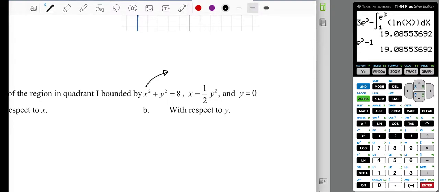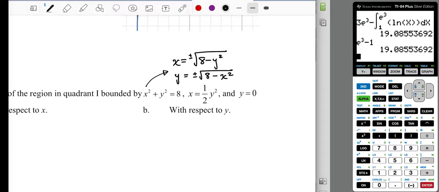One way would be to solve it for x, in which case you'd have x is equal to the square root of 8 minus y squared, with a plus or minus on that. Or we could solve it for y. Same idea, just swapping the x's with y's.